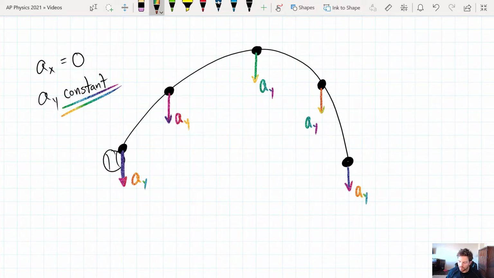So all of those hopefully look like identical arrows, but there's no horizontal acceleration vectors to draw because it's 0. And all of the vertical acceleration vectors should be the exact same. They are constant. Okay, so this is how we show our vectors for all the different types of velocity, for the components and the overall, and for the accelerations.